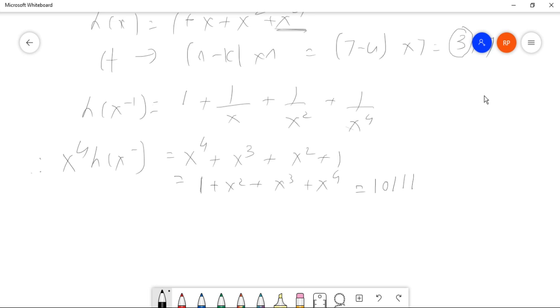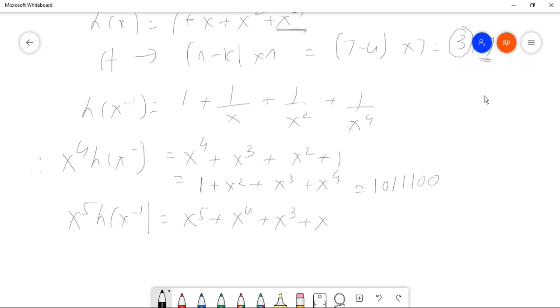Now x raised to 5, x raised to 6, because we need 7 columns. We have only 1, 2, 3, 4, 5, so for the extra 2 we have to add zeros. Now let us multiply by x raised to 5. Then it will be x raised to 5 plus x raised to 4 plus x raised to 3 plus x.